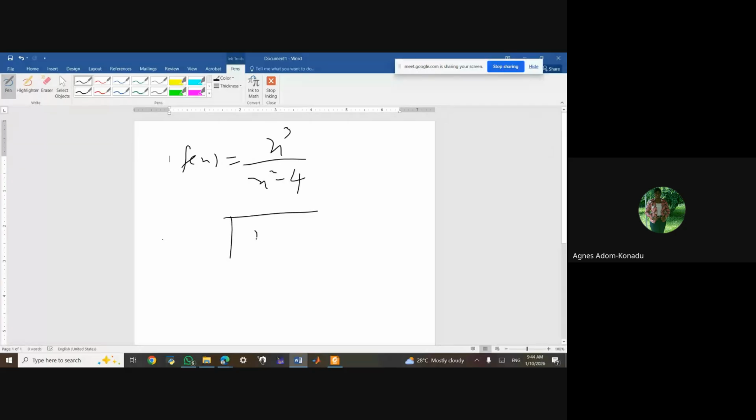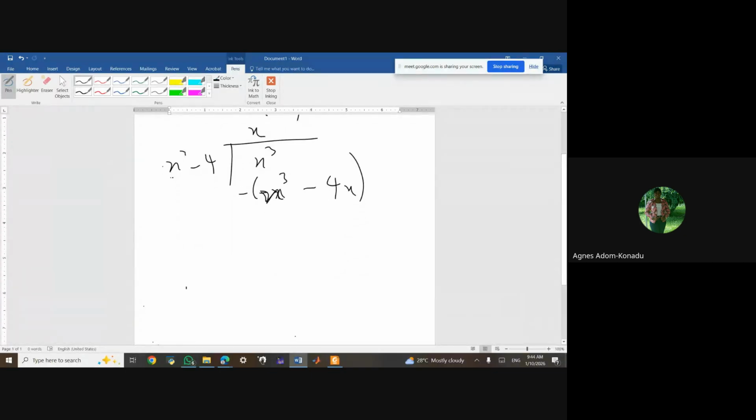So long division, I have x cubed and then x squared minus 4. So when I divide this, I'm going to get x. I multiply, this will give me x cubed and this time, this will give me minus 4x. So I subtract, this will give me 0, and this will give me 4x.